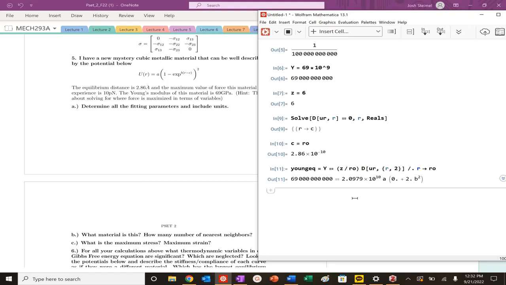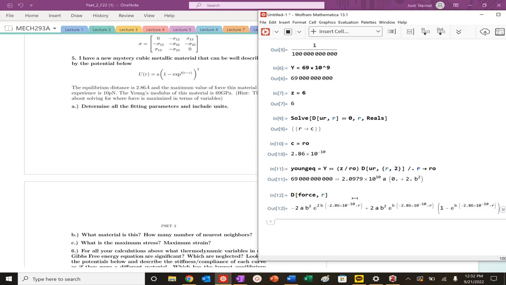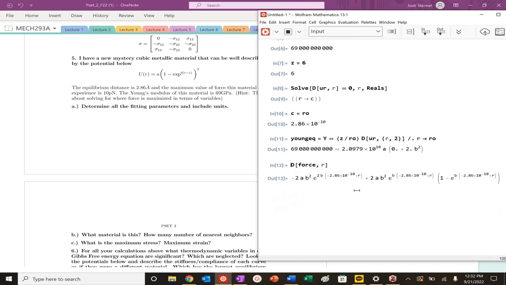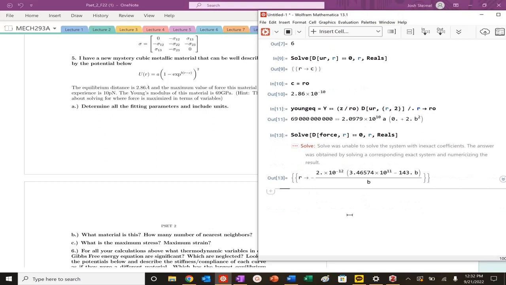But one of the questions is, what's the distance where that force is maximized? So I want to find the derivative of force with respect to R, and I want to solve when this equals 0, for what value of R, and it has to be a real value as well. So that's going to be that value there.